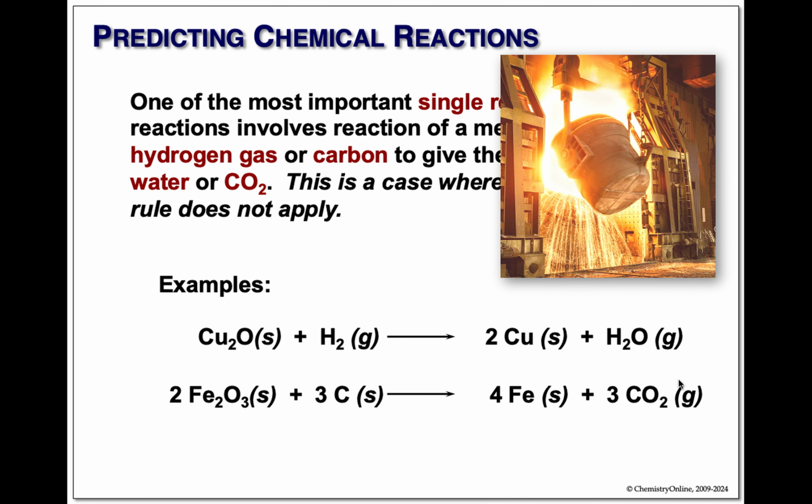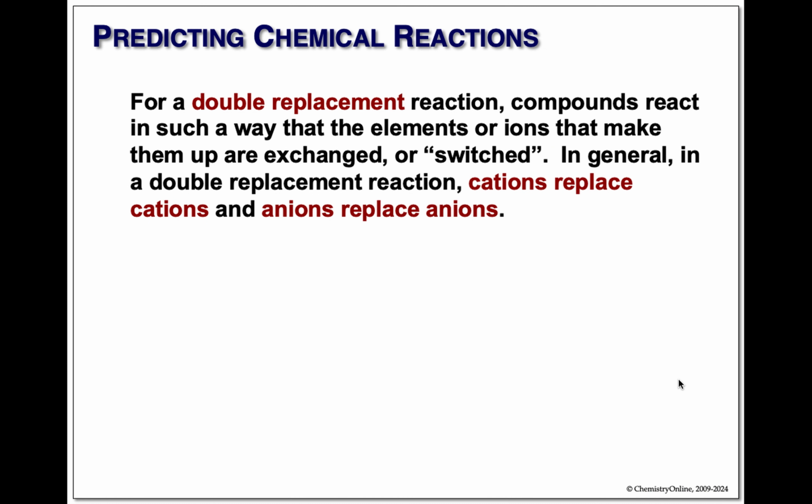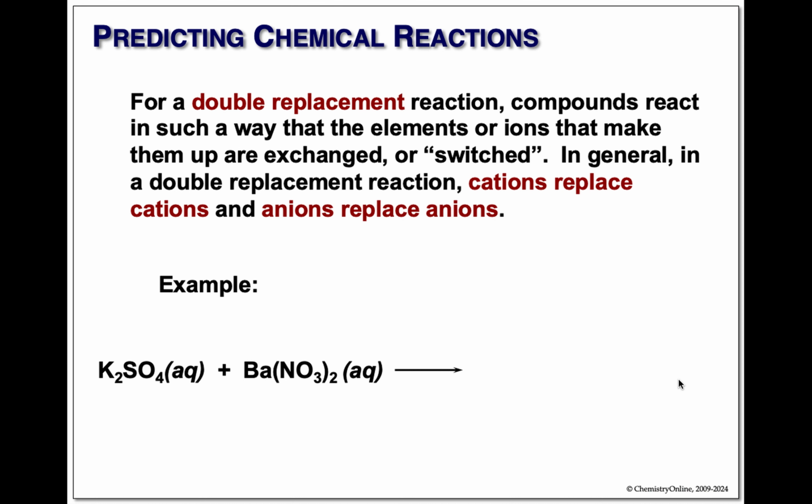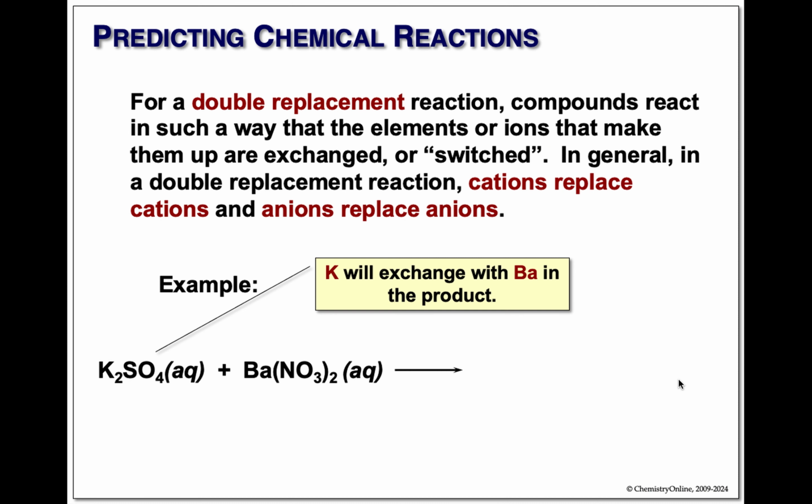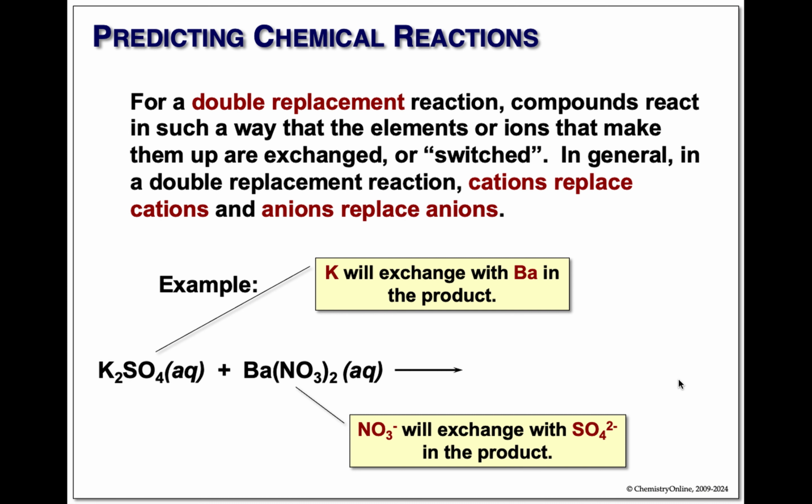Double replacements. Again, all we're going to do is swap ions. One more time though. In order for a reaction to go, you must form a precipitate, that's a solid, or evolve a gas. Here we have potassium sulfate reacting with barium nitrate.